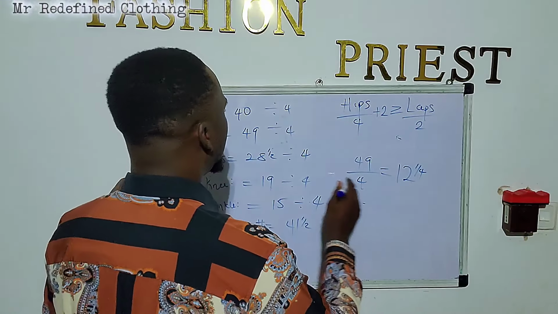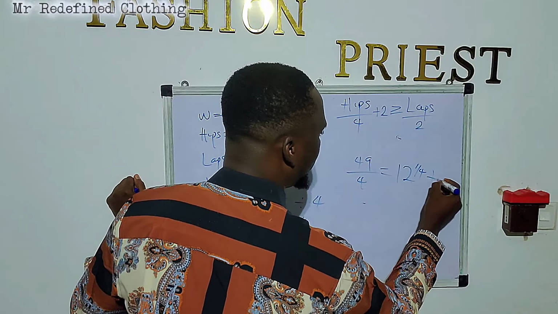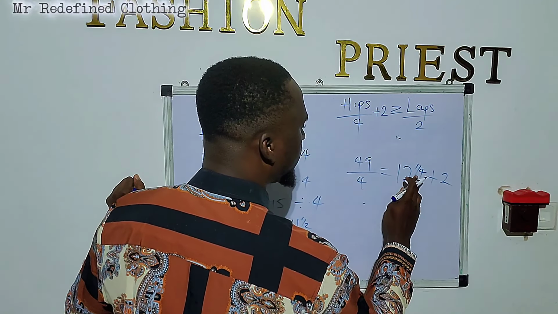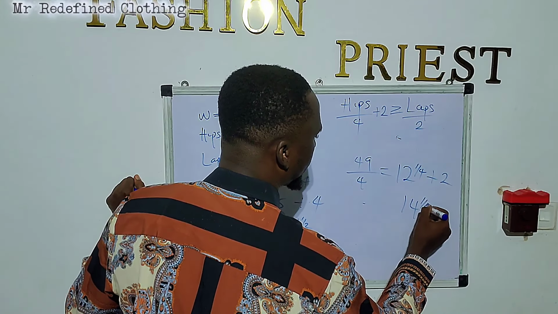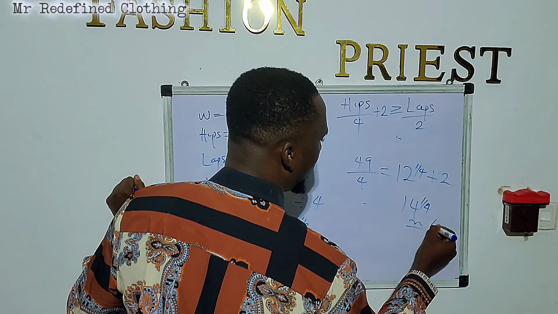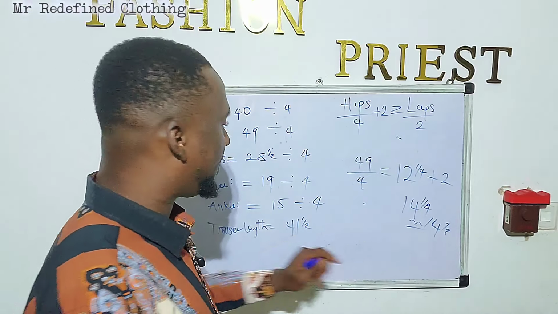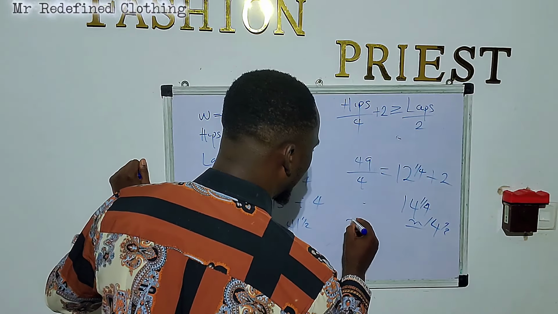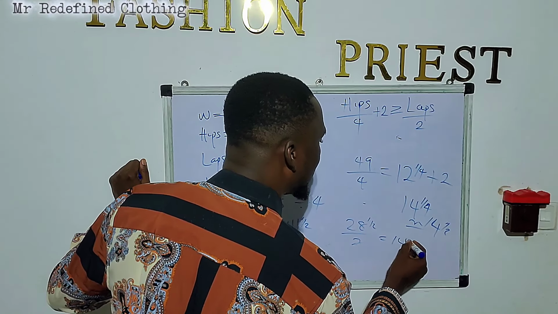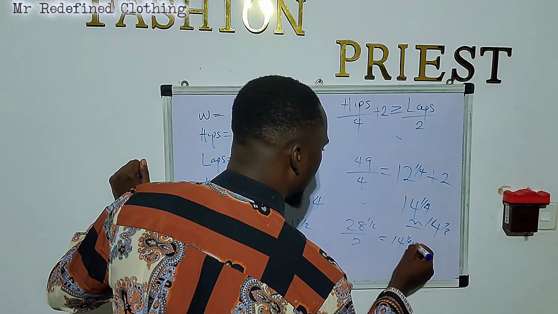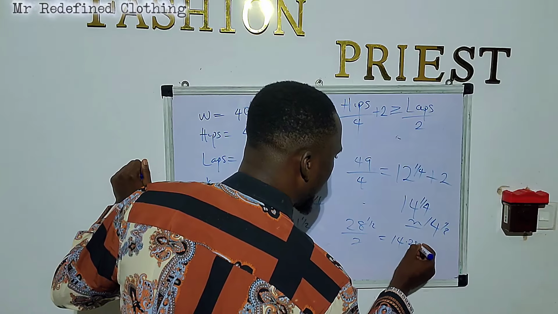Plus 2 of this is going to give us 14 1/4, approximately 14 and a half. Now the lap is 28 and a half. 28 and a half divided by 2 equals 14 1/4, that's 14.25.